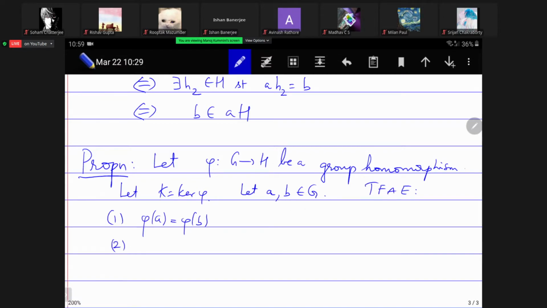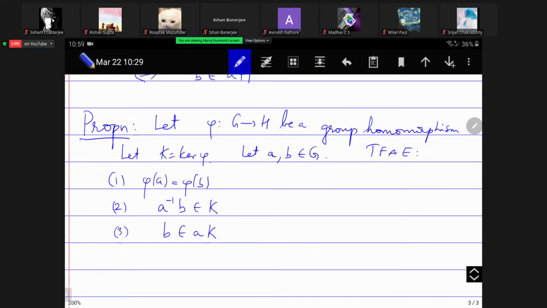Two: A inverse B is in the kernel. Three: B is inside AK. And four: AK equals BK.